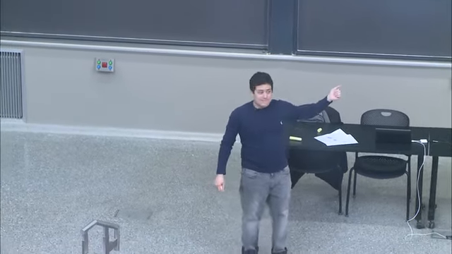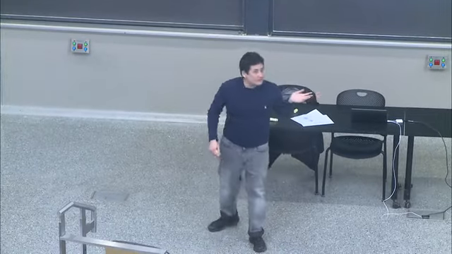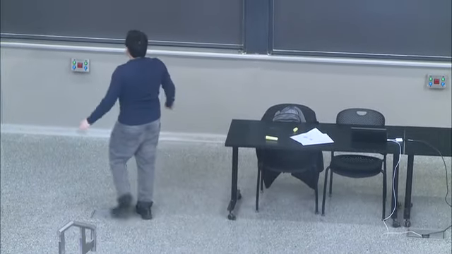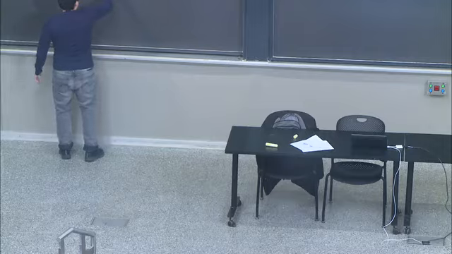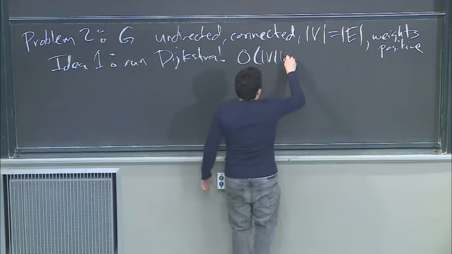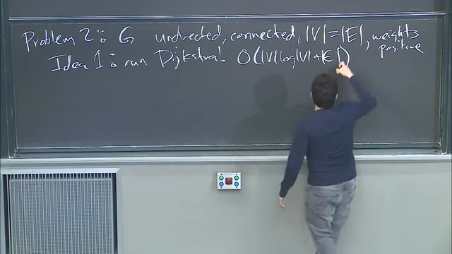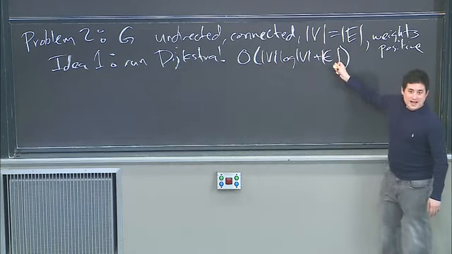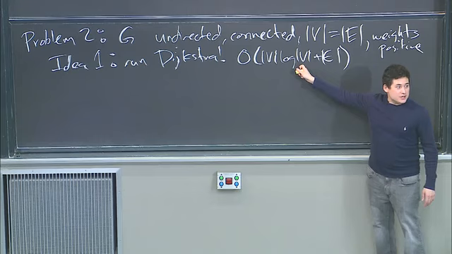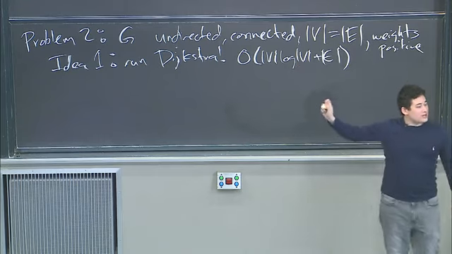What's the difficulty with this algorithm? Too slow, right? That algorithm would run in O of V log V plus E. In this case, these are the same, so this is asymptotically smaller than this one. It runs in V log V. So we're a little off.